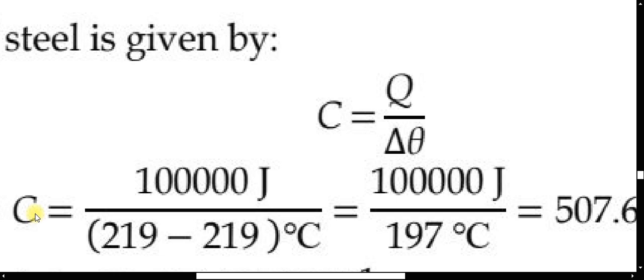Heat capacity will be equal to 100,000 joules over 219 degrees Celsius minus 22 degrees Celsius. When we take 219 minus 22 degrees Celsius, we get 197 degrees Celsius.